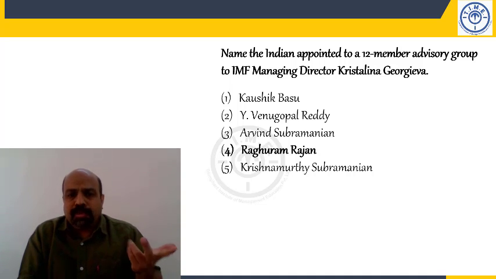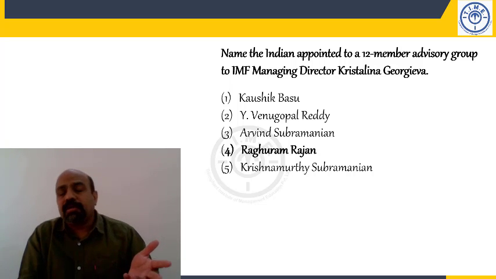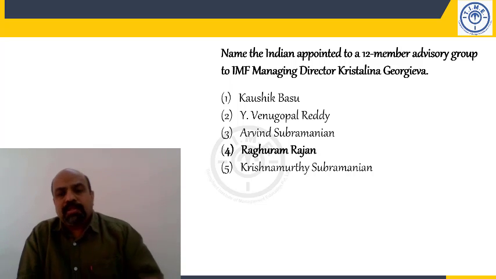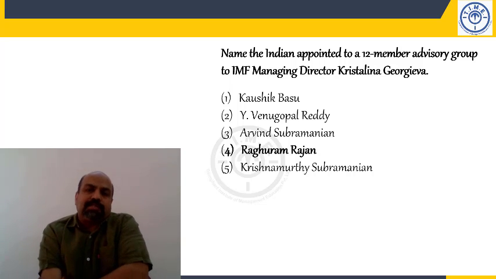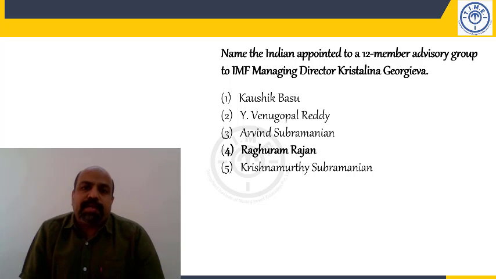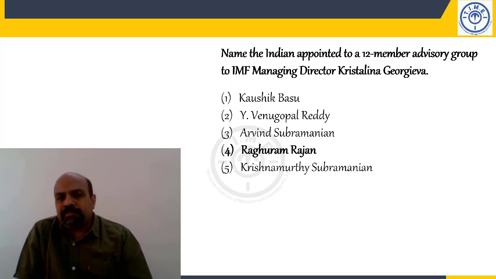Arvind Subramanian, former chief economic advisor to the government, to Prime Minister of India. The last one, you write, this guy is important. Current chief economic advisor to the government of India.